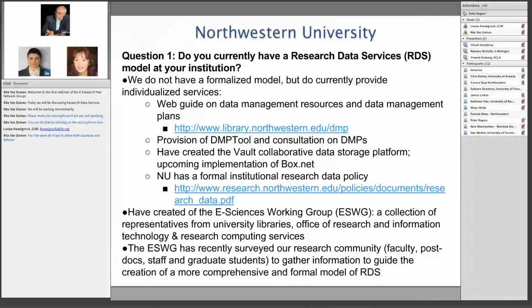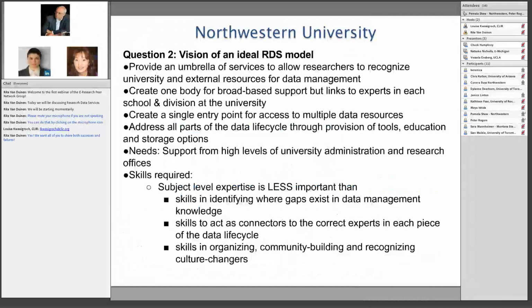And the eSciences Working Group just completed a survey this past winter of the research community, faculty, staff, postdocs, and even graduate students, to gather information on their knowledge or their lack of knowledge on data management so that we can formulate a more comprehensive and maybe formal model of research data services. So you can go on to the next slide.